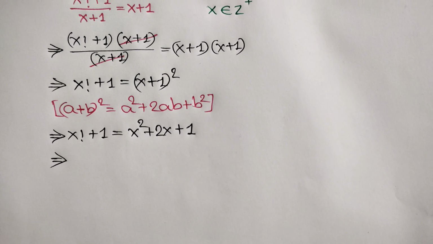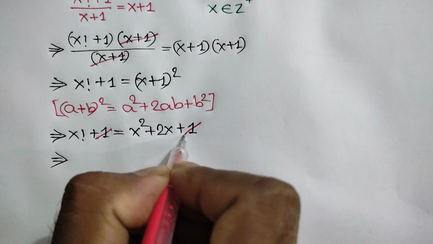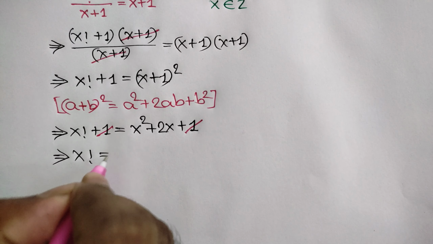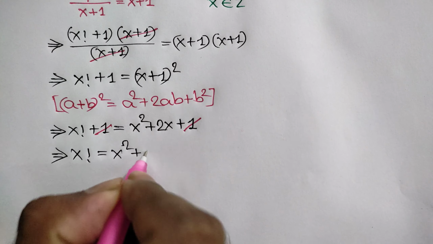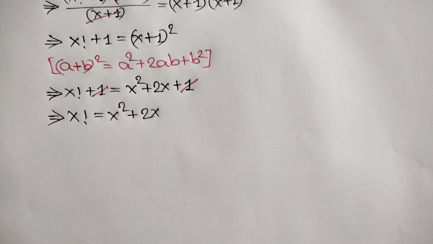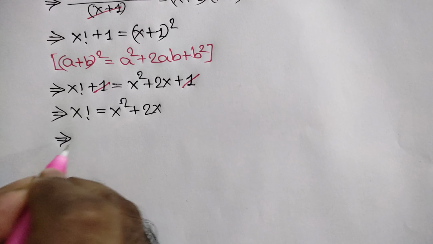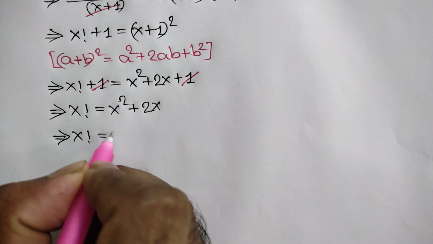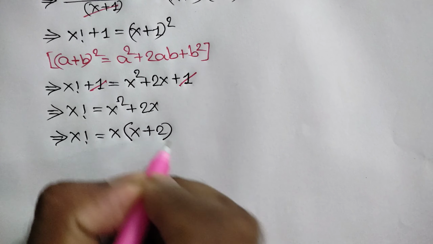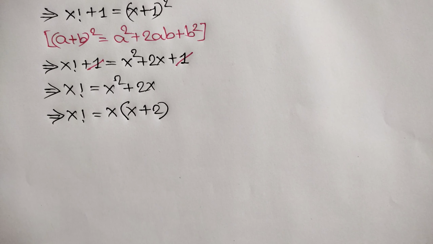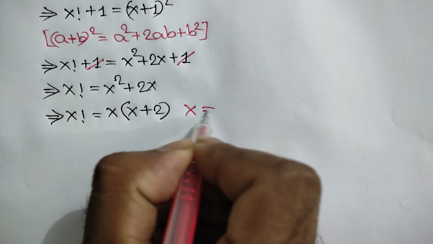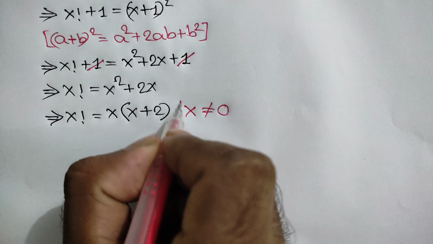Now this 1 cancels out this 1, so we can write x factorial is equal to x square plus 2x. Or x factorial is equal to, taking common x to the right side, x times x plus 2. Now divide both sides by x, where x is not equal to 0.